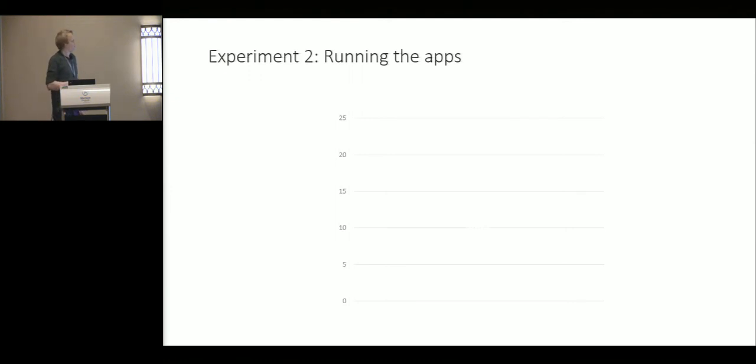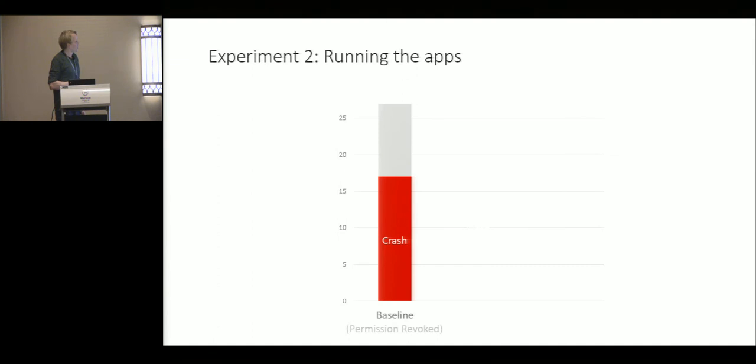As a baseline, we ran all of these 27 applications and just removed the permission, to prove our initial expectation that many of the applications will not gracefully degrade in the basic scenario. Here you can see that in 17 cases, the application crashed when we tried to access the resource. So this was expected from the beginning.